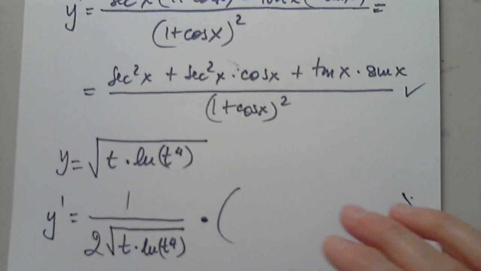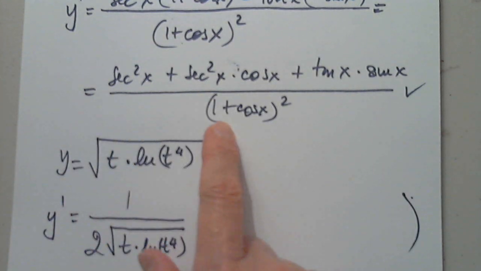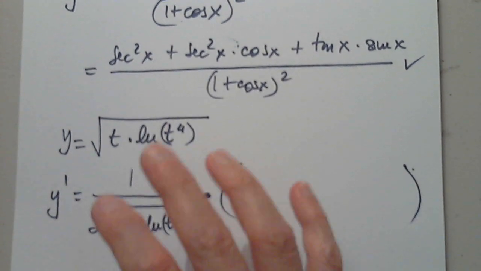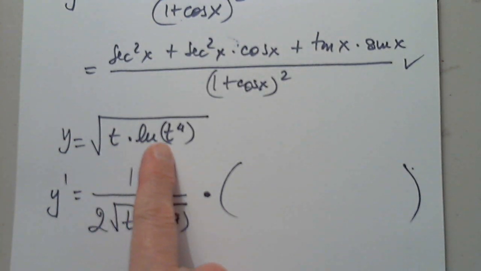Don't give the results, just tell me what I need to do. So what am I? The outer function. But that's the outer. We already differentiated the outer. So every time after we differentiate the outer, we always say times what? Times the inner function prime. So let's differentiate the inner function.